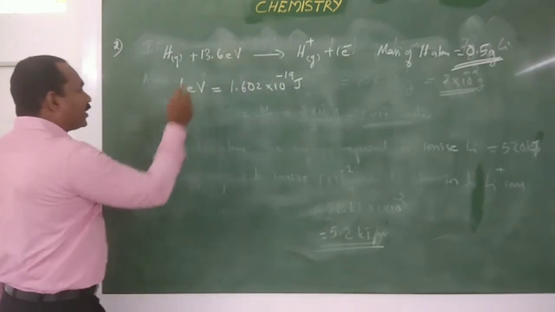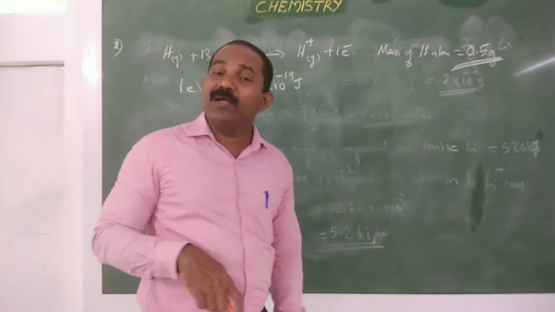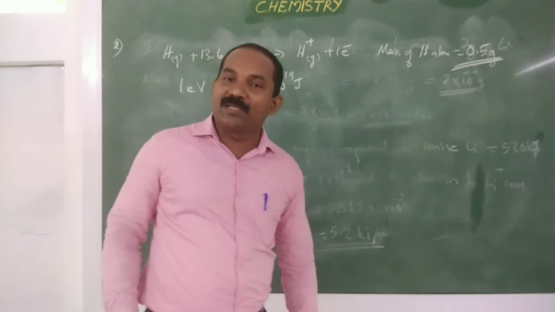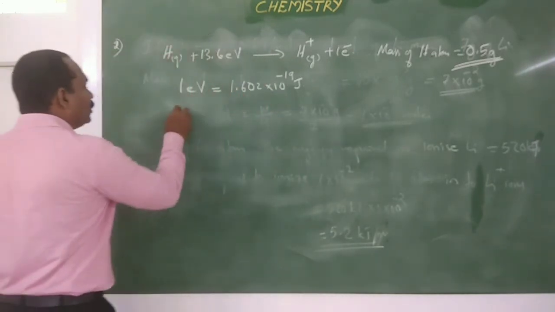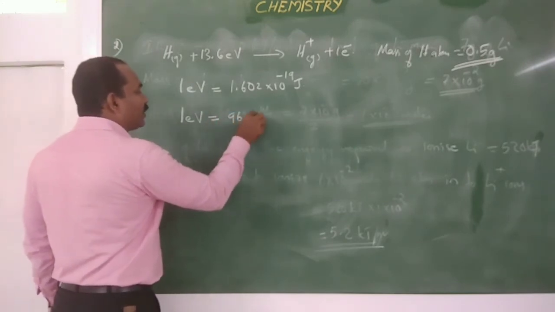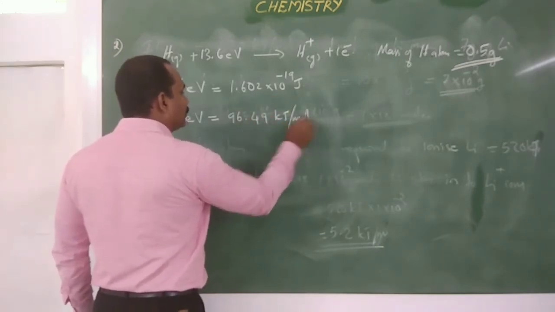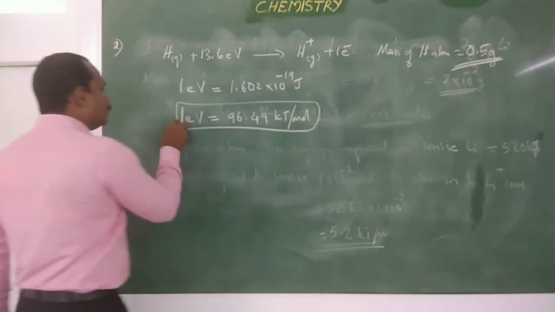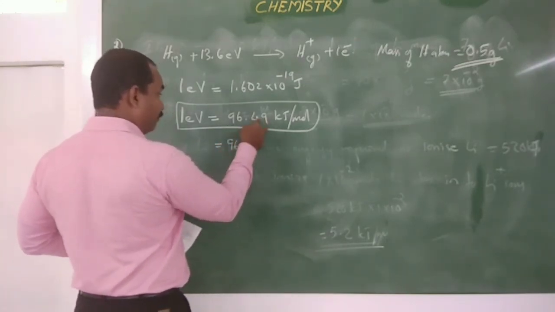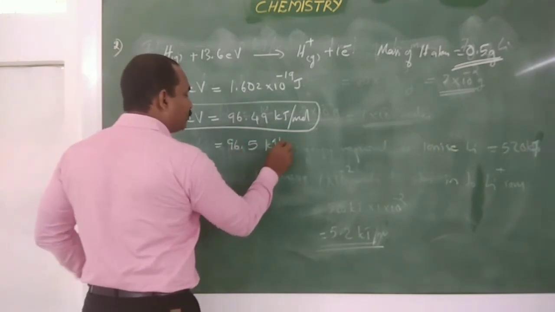So to convert into mole, you multiply with 6.023 into 10 raised to 23, and it is converted into kilojoule. 1 electron volt is equal to 96.49 kilojoule. This is the value, or we can write 96.5 kilojoule per mole.